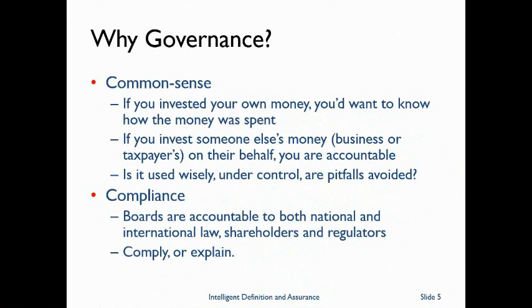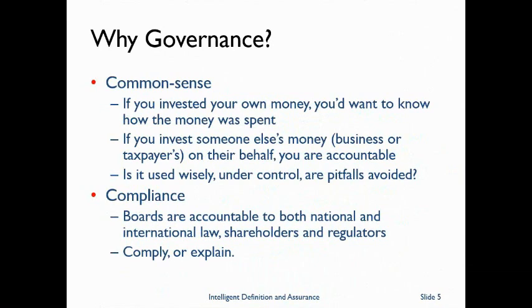But there's obviously the probably more familiar compliance aspect of governance. Boards are accountable to national and international law. So all companies, certainly in the UK and I think across the world, companies are accountable to stakeholders, but they are governed by their national and often international laws. They have shareholders they are accountable to. And clearly there are regulators as well.